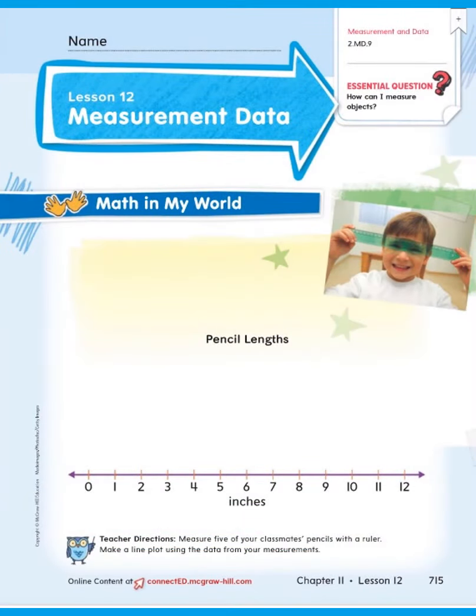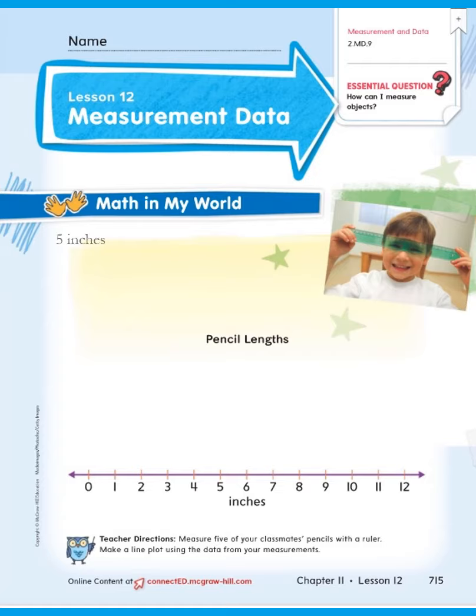Okay, so what we're doing today is we're going to show how we can use a line plot to talk about lots of measurements. We're not just measuring one thing. Actually, today we won't need to measure anything. I've got the measurements for you. So let's say, and we're going to change each page a little bit, there are 5 pencils and we want to measure them.